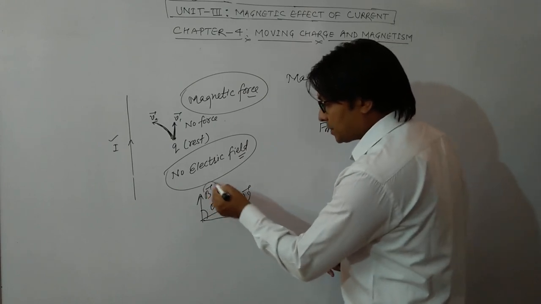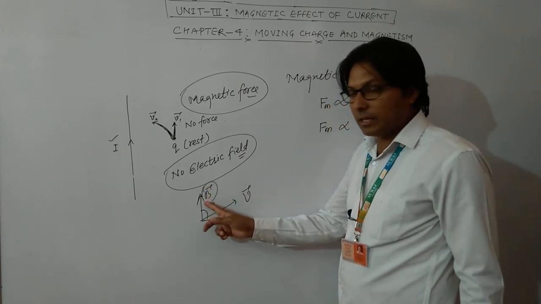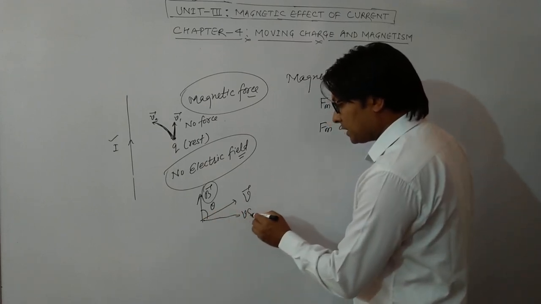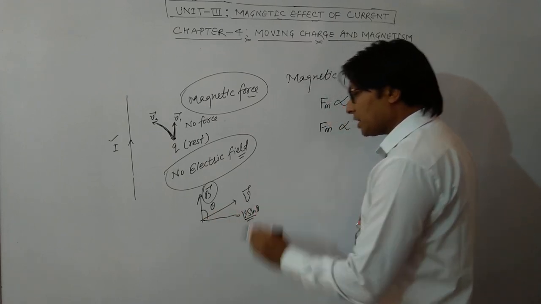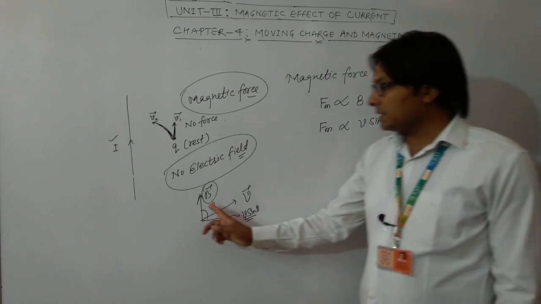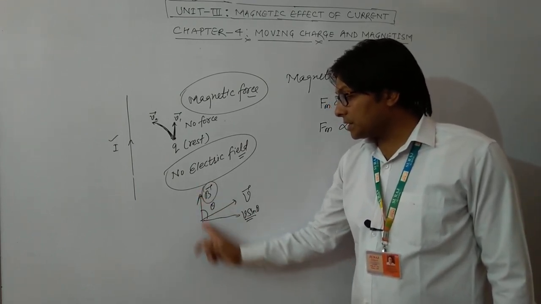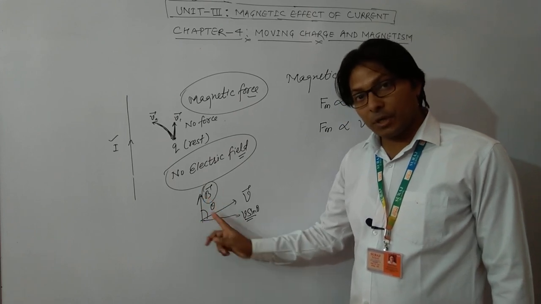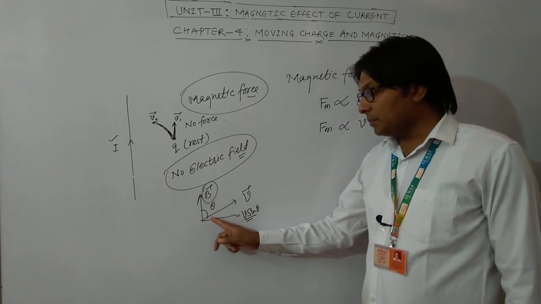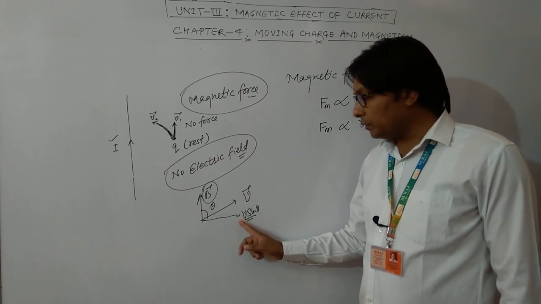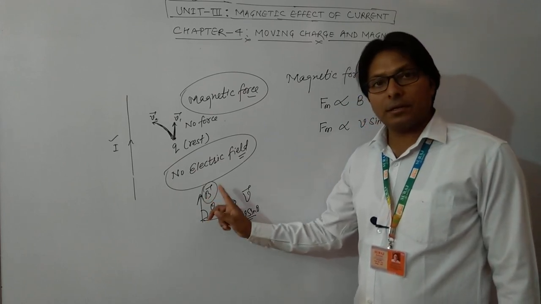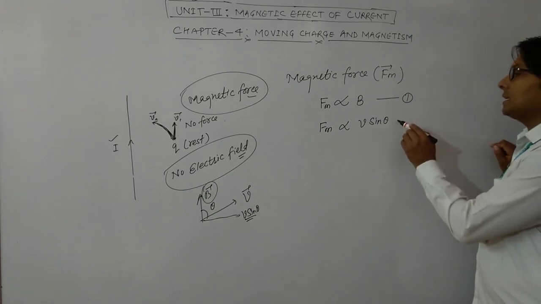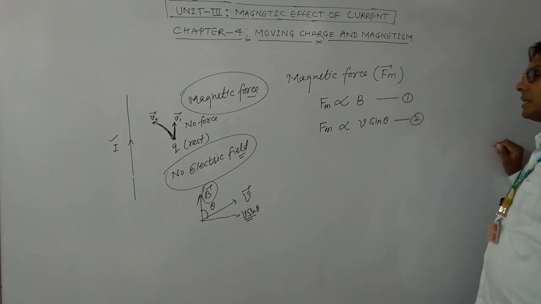One is in the direction of magnetic field, that is V cos theta, and one in the perpendicular direction, that is V sin theta. So it has been observed that there is no force on the charge in the direction of magnetic field, but the force is maximum for the component of velocity perpendicular to the magnetic field. So Fm is directly proportional to V sin theta, and that is the second equation.